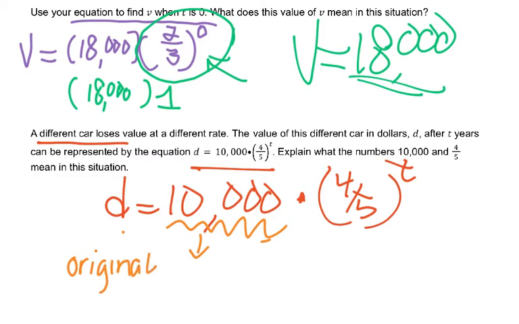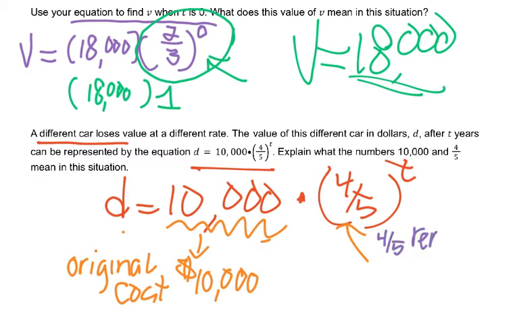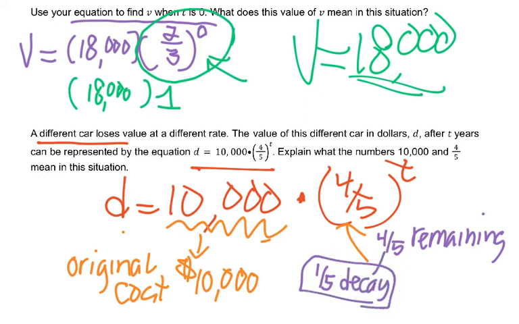This is what I paid for it. The original cost me $10,000. And I'm hoping you are screaming at the computer telling me that 4/5 was remaining after every year. In other words, the decay rate was 1/5. So it decayed 1/5, but 4/5 was remaining every year.